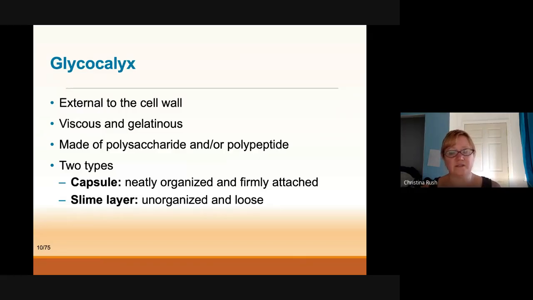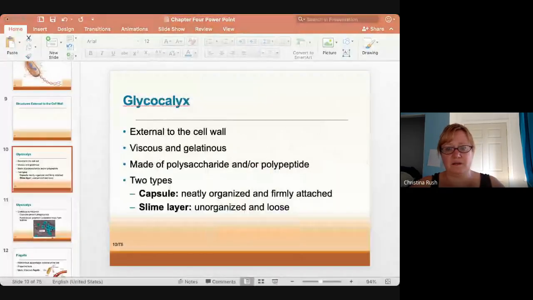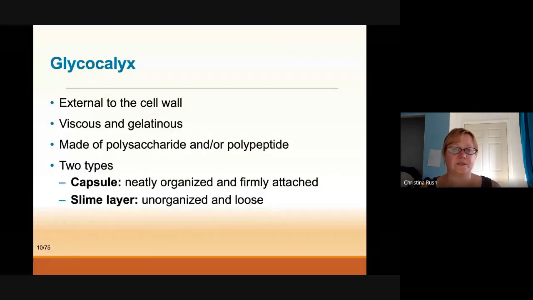There are 2 different types of the glycocalyx. We have the capsule, which is neatly organized, and it's very firmly attached. We can stain for a capsule. It's going to be a very rigid, regular shape.